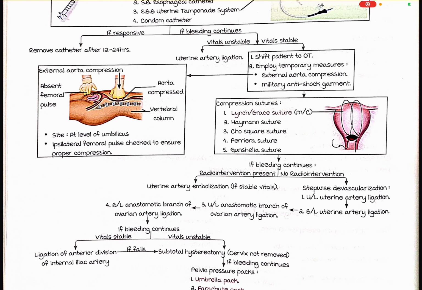External aorta compression: absent femoral pulse, aorta compressed against the vertebral column at the level of the umbilicus, ipsilateral femoral pulse checked to ensure proper compression. Compression sutures: Lynch brace suture most common, Hayman suture, Cho square suture, Pereira suture, Gonzalez suture.